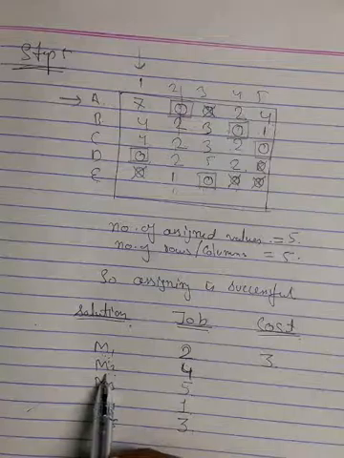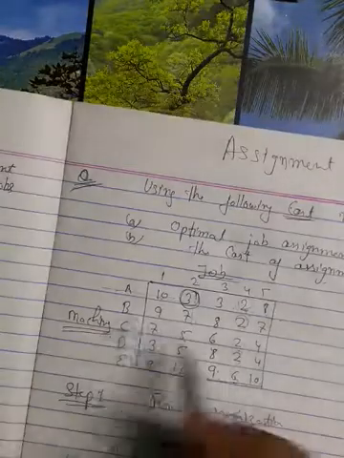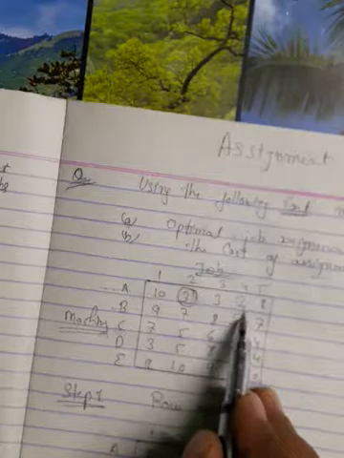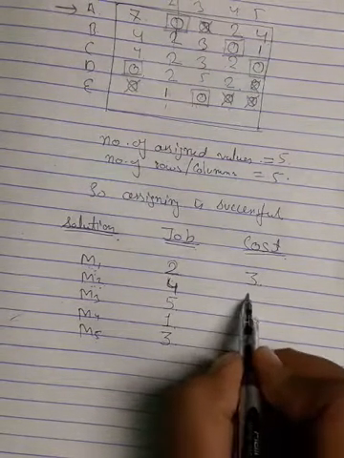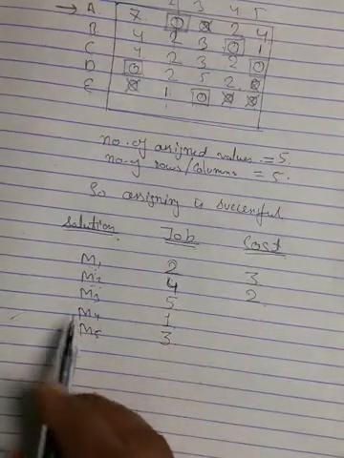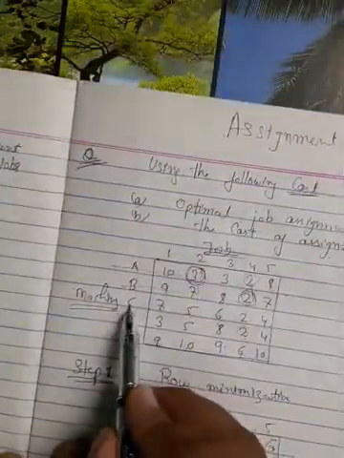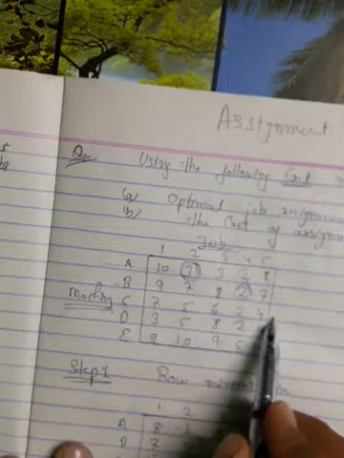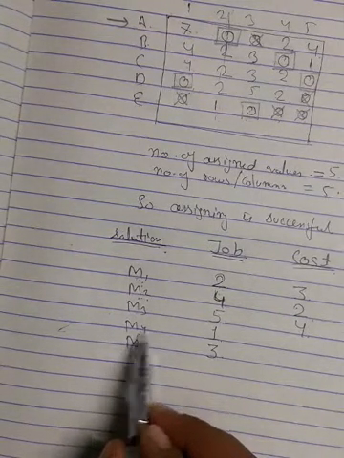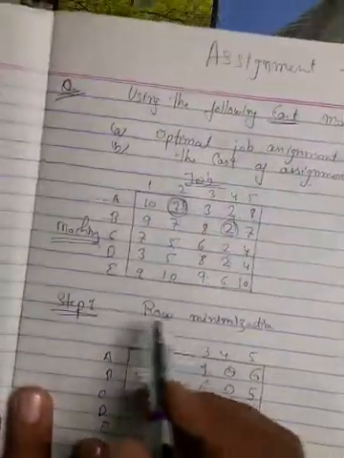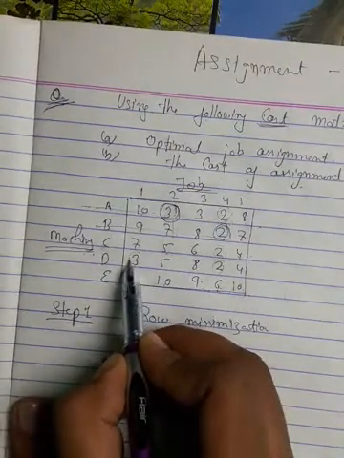Now second row and fourth column has the element 2, so write 2 in the cost. Third machine and fifth job is 4. Now fourth machine and first job is 3, so write here 3.